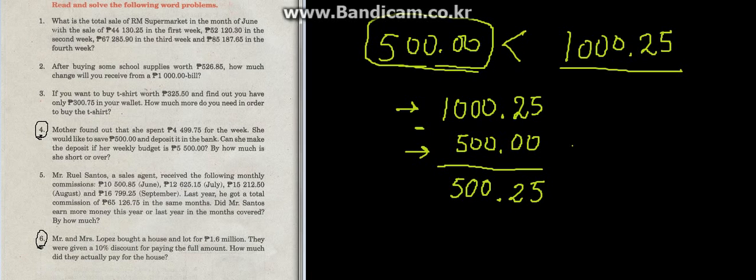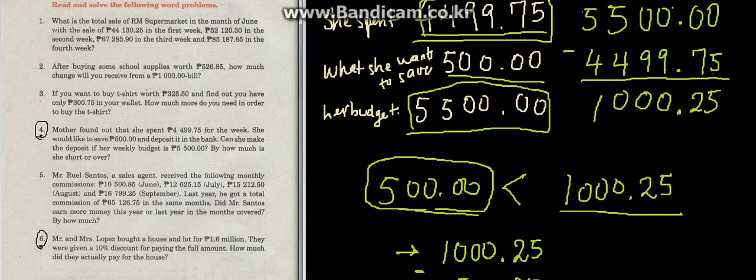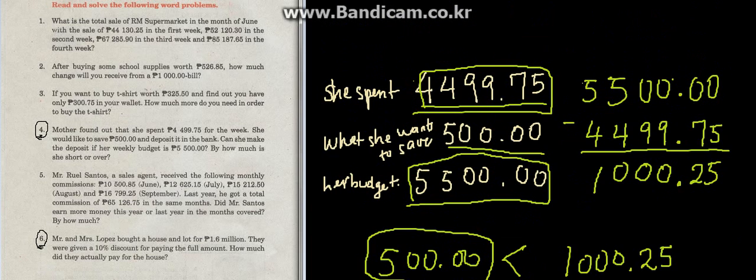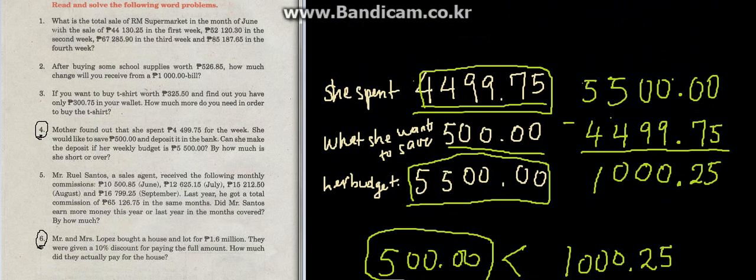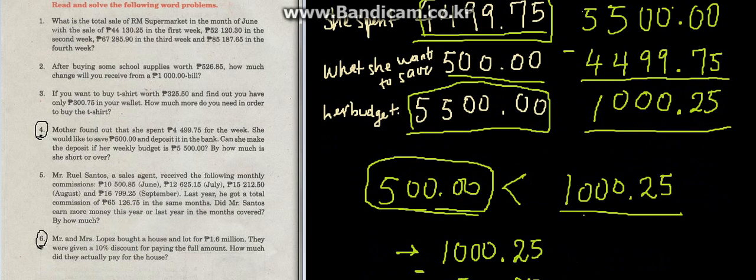Okay, so we had 2 questions. Can she make the deposit if her weekly budget is 5,500? Yes, she can, right? Because from her 5,500, she already used 4,499 and 75 hundredths, and she has right now this much money.